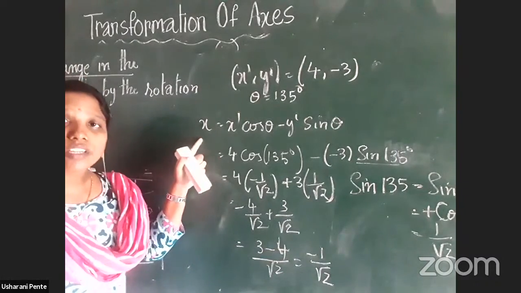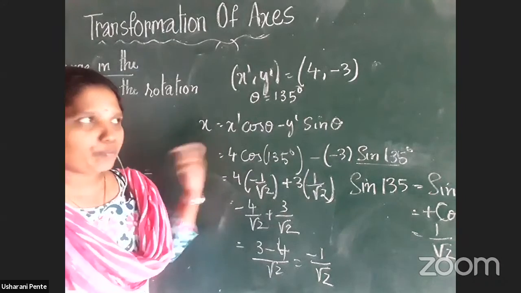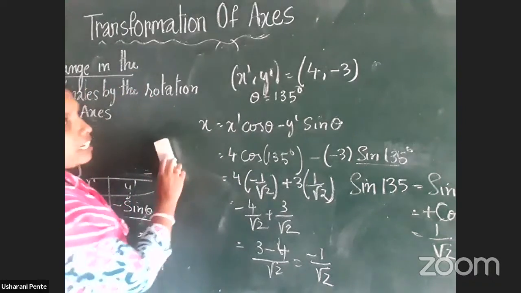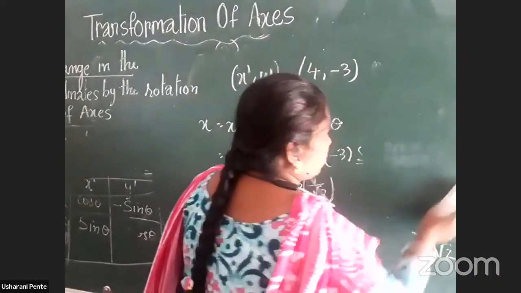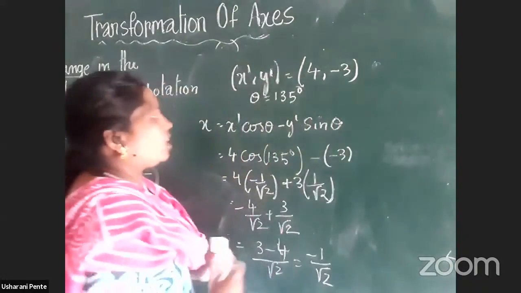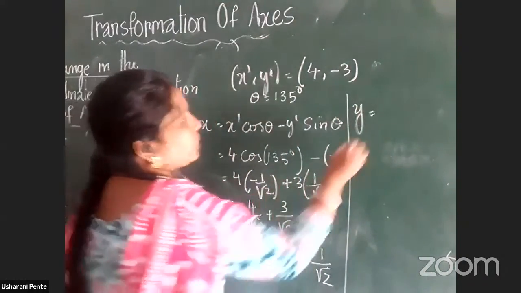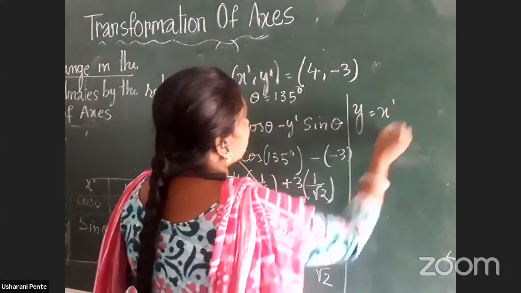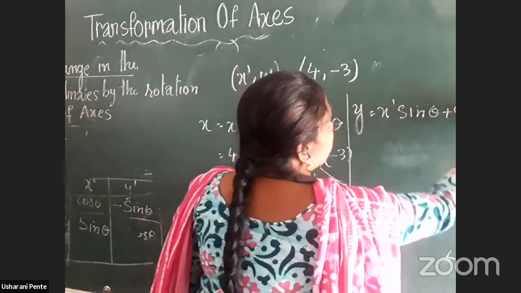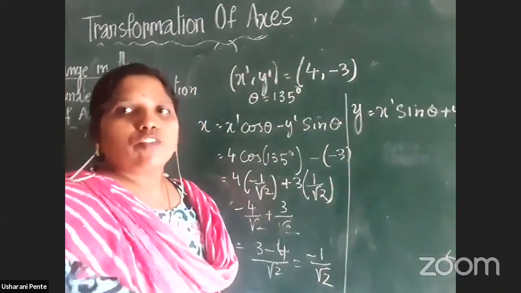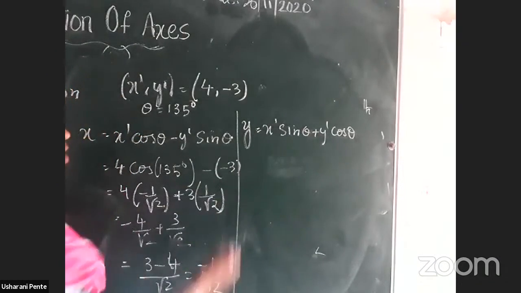That is the x coordinate with respect to the original system. And how to find the y coordinate? We have a formula: y is equal to x dash sin theta plus y dash cos theta.